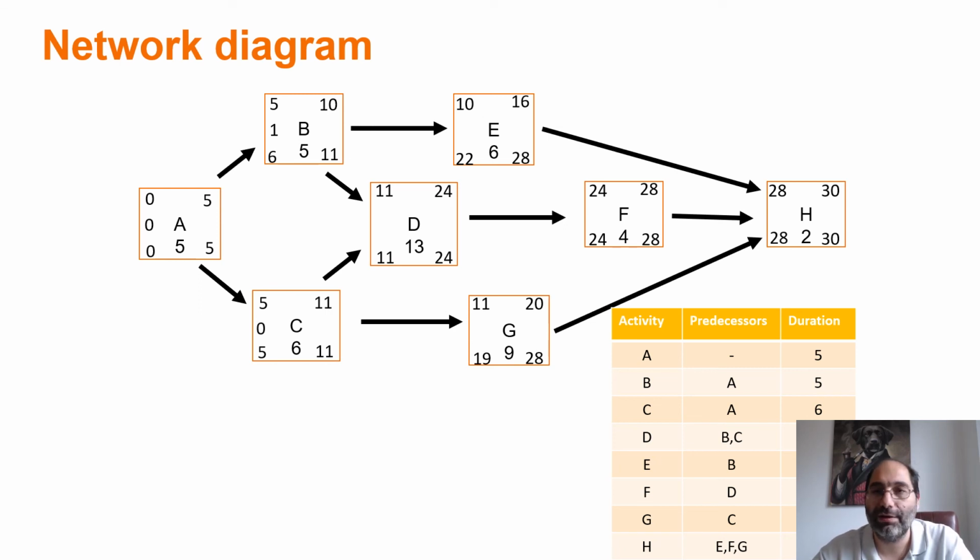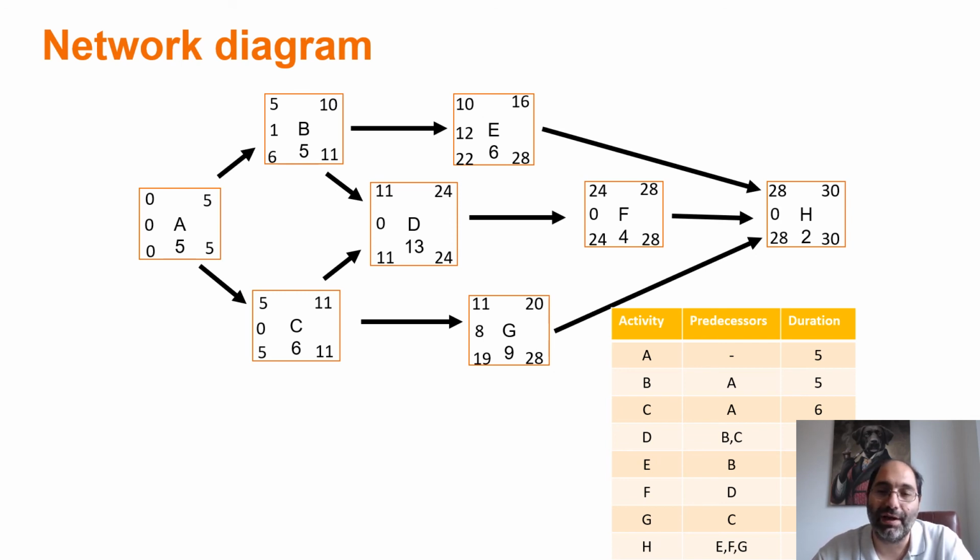For activity C, 5 minus 5, 0. For activity D, 11 minus 11, 0. For activity E, 22 minus 10, 12. For activity F, 24 minus 24, 0. For activity G, 19 minus 11, 8.